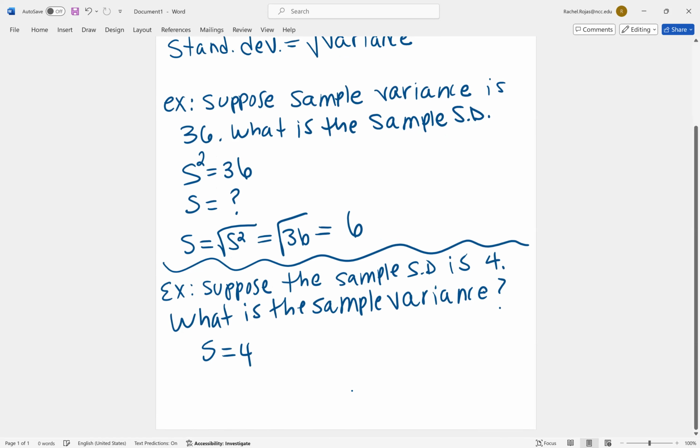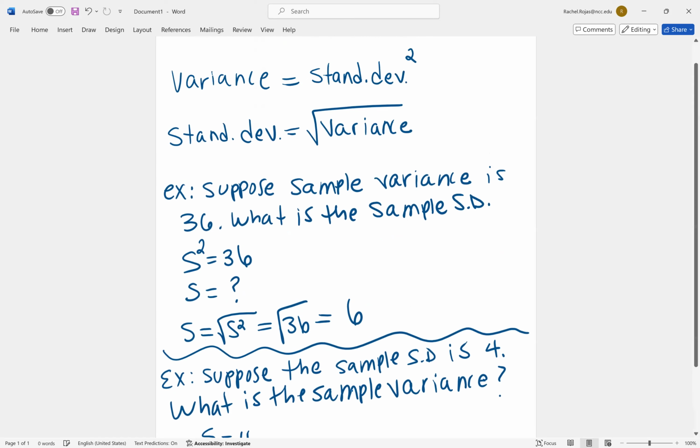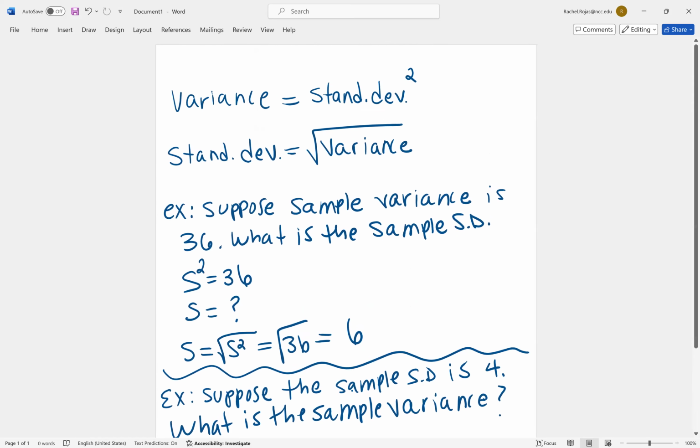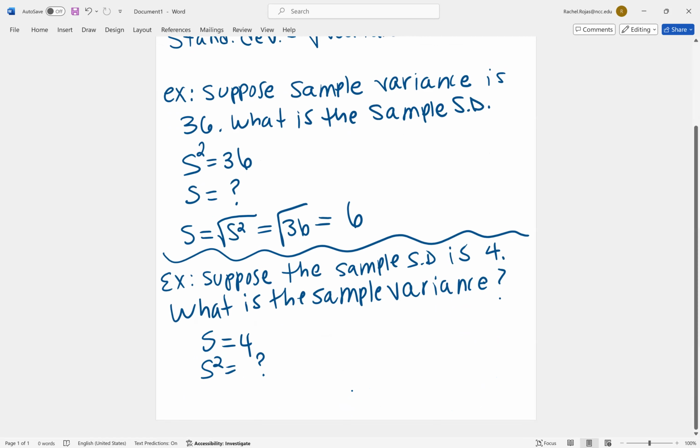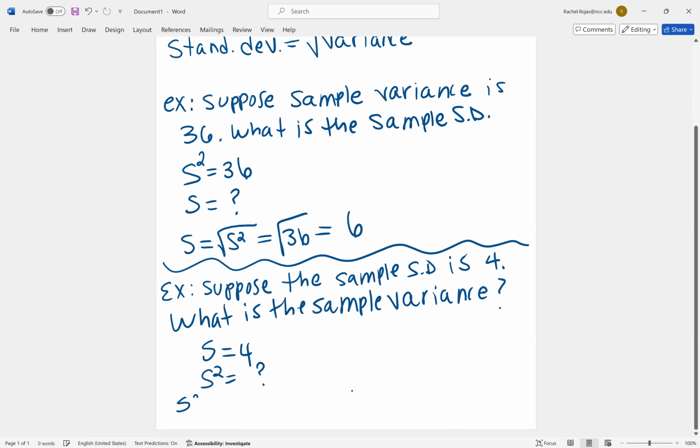And I want the sample variance, which is S squared. So in order to get the variance from the standard deviation, we square the standard deviation. That's going to give us the variance. So S squared is equal to 4 squared, which is 16. So that's the relationship between the variance and the standard deviation.